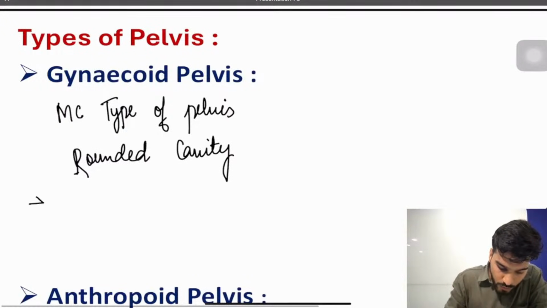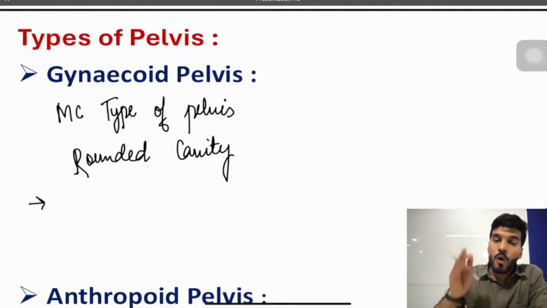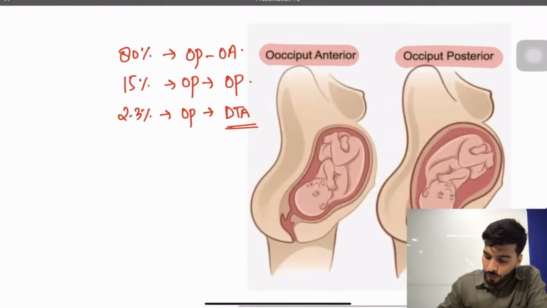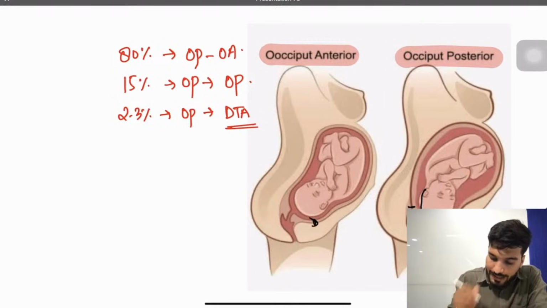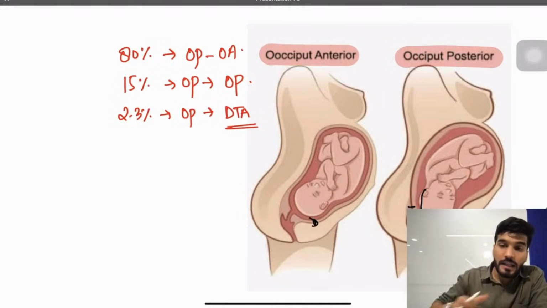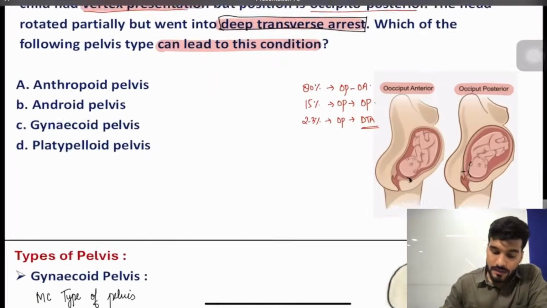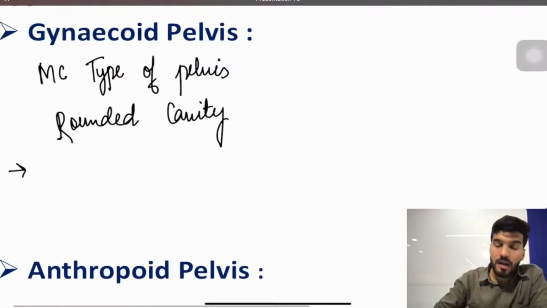As I've already told, one more important point, 80% of occipito-posterior, occiput on the posterior side, will convert to occipito-anterior, and that means the cavity we have is a rounded cavity, and such type of pelvis is a gynecoid pelvis.